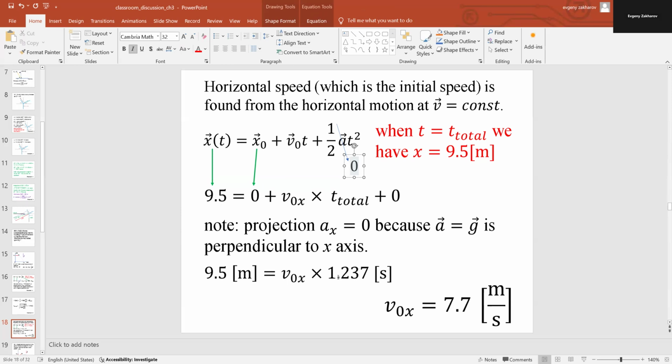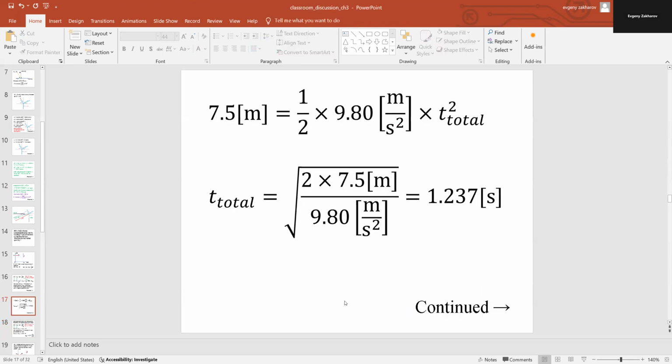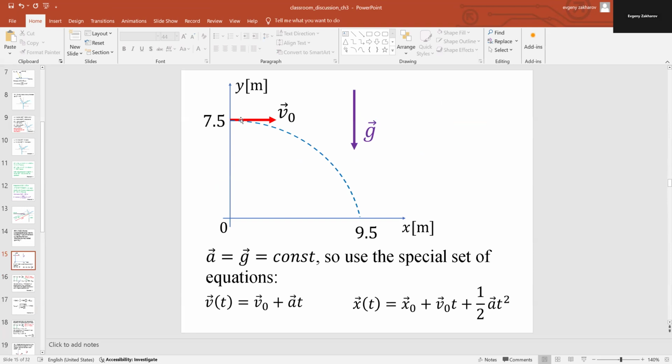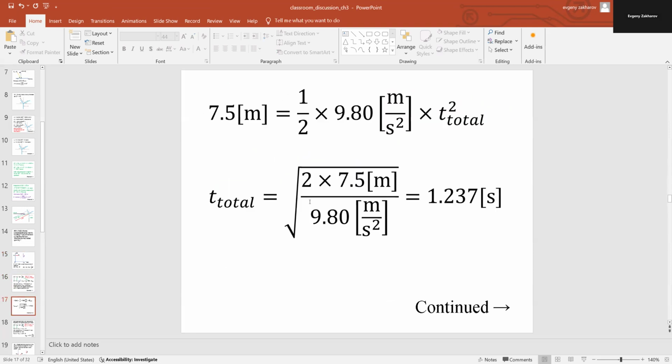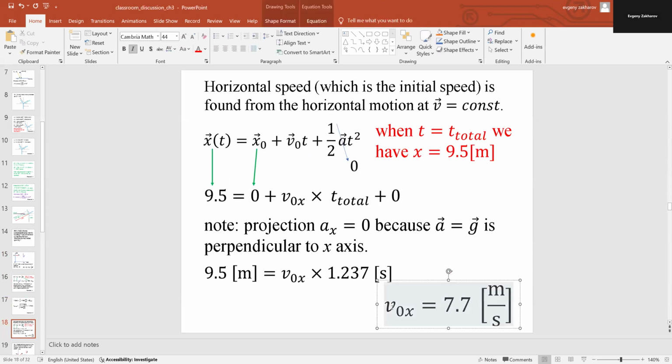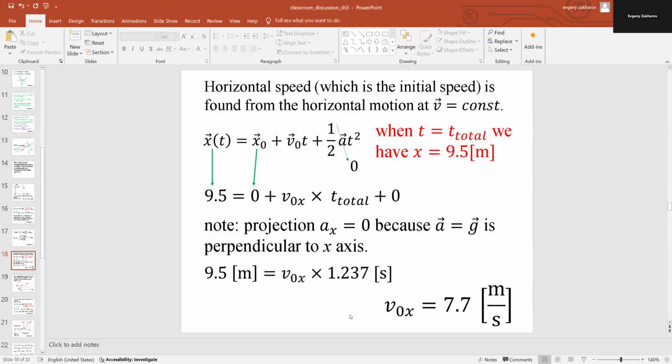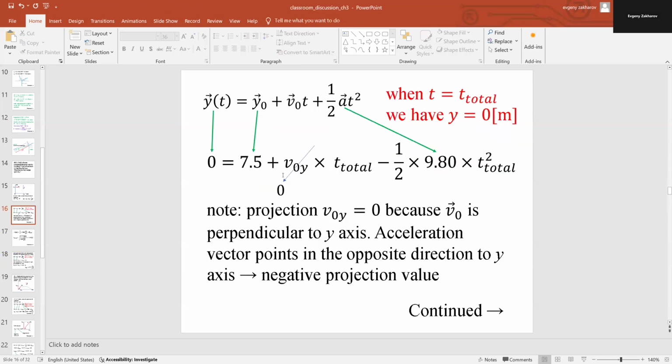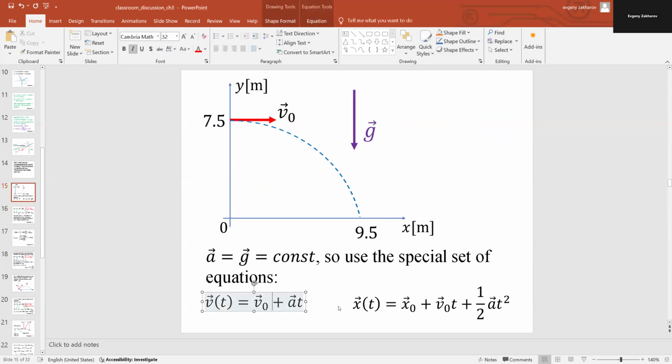And that's it. You solve for the initial velocity onto the x-axis, and this turns out to be the total initial velocity because it's all horizontal, no vertical components, no need to do any Pythagorean theorem. It's just 7.7. End of story. So once again, there's always a position equation and a velocity equation.